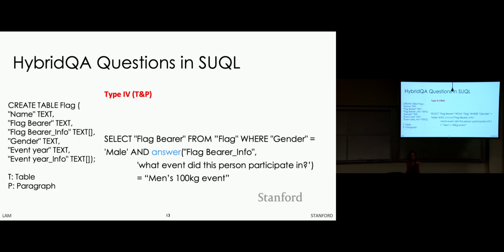Is everybody able to do it? I just want to know. Yeah? All right, what do you think? Which male flag bearer participated in the men's 100 kilogram event? Perfect. Because there can be both one female and one male bearer when they carry the flags. So, thank you. Very good.